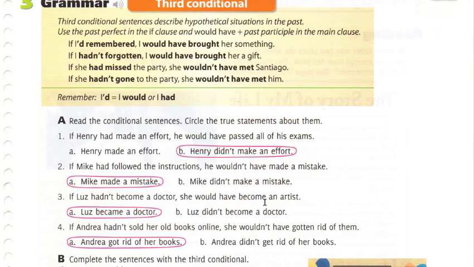So 3 is, if Luz hadn't become a doctor, she would have become an artist, which means Luz became a doctor. Number 4, if Andrea hadn't sold her old books online, she wouldn't have gotten rid of them, which means Andrea got rid of her books.